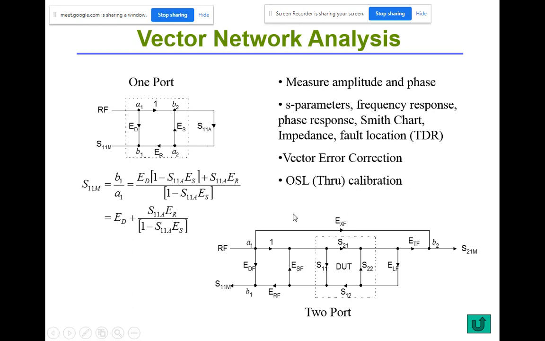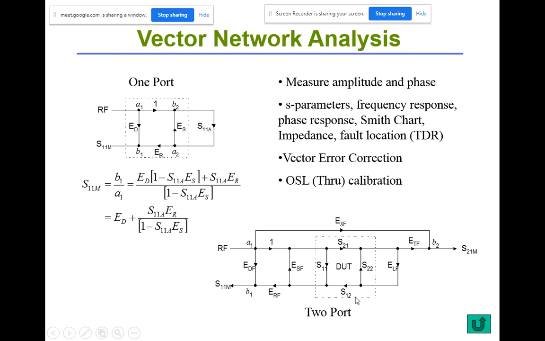All right, but if it's a two-port network, then it will be more complex. Let's say this is the device that you want to measure, or you want to find the values S11A, S21A, S22A, and S12A.